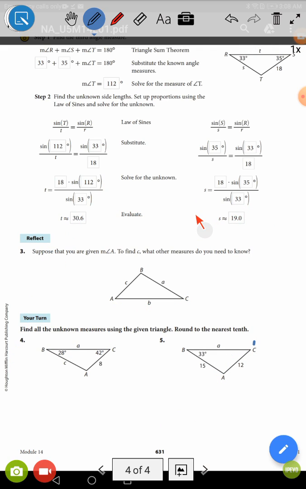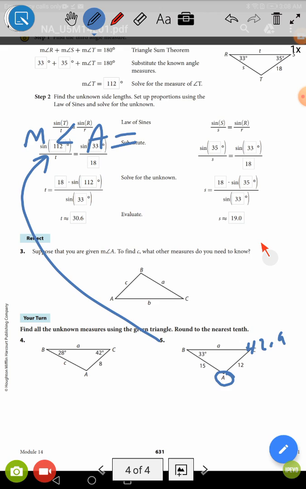So I have that angle, 42.9. So we can find angle A: 180 minus both, 33 plus 42.9. So measure angle A will be 104.1 degrees. How to find A? Use fraction equal fraction.